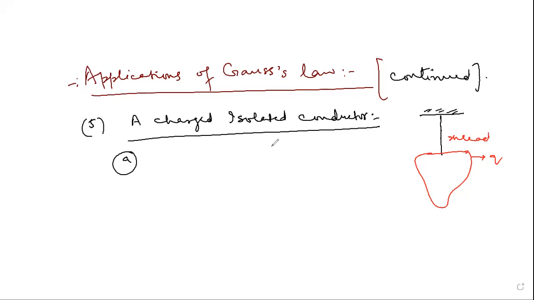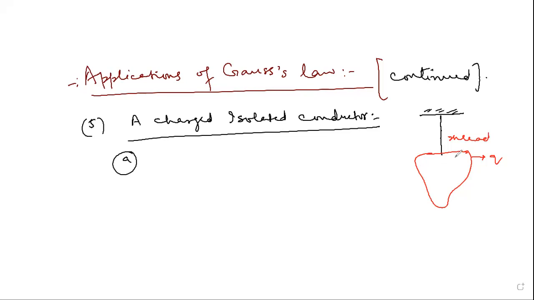So there is an electrostatic situation. All the charge in it is at rest. Then we proved this result that all the charge lies on the outside boundary. None of it is found within the body of the conductor. We took a Gaussian surface just inside the actual surface of the conductor. Since there are no currents inside the isolated conductor, the electric field inside it must be zero.